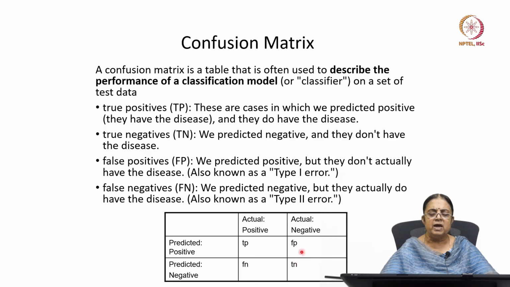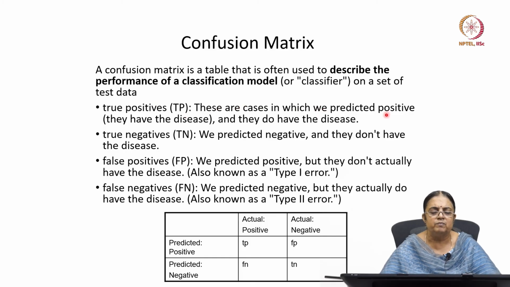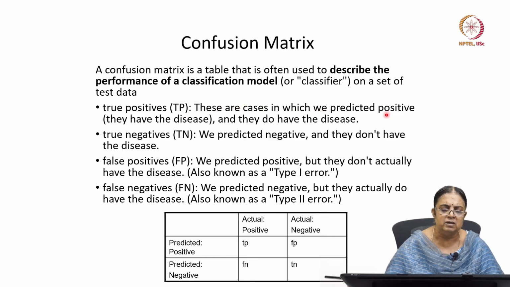Now if we add all these four up, we get the total number of examples that we have in the training data. If we look at true positive, these are the cases in which it was actually positive and you have predicted it as positive. That is called the true positive. But suppose it was actually negative but you have predicted it as positive. It's called a false positive.